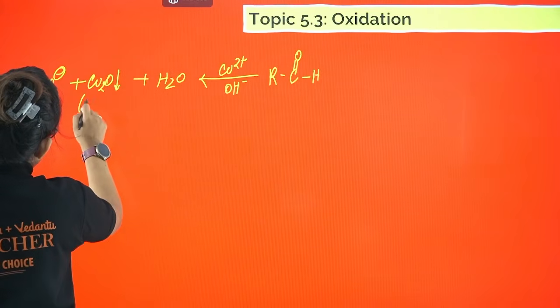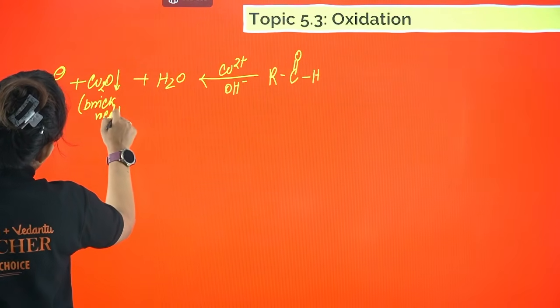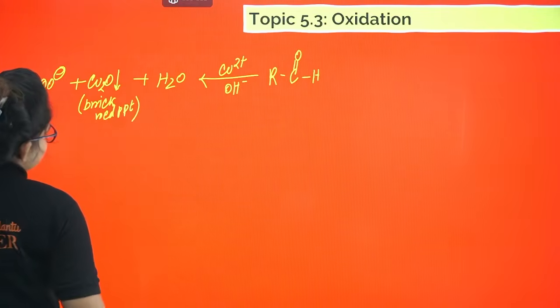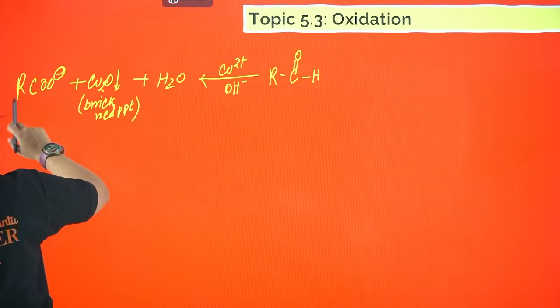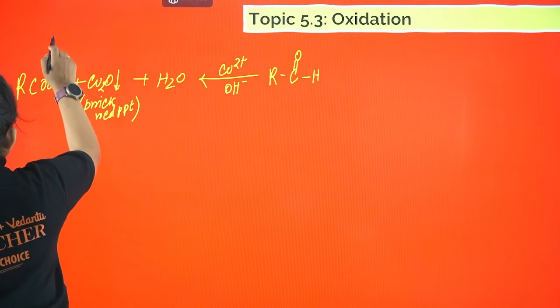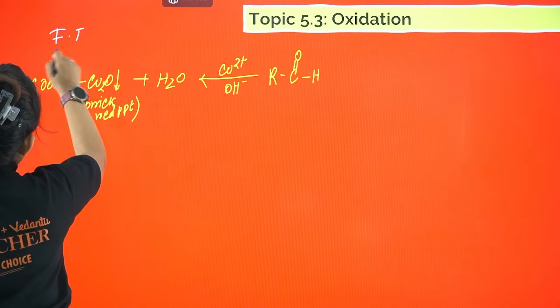Here you will get brick red precipitate. Okay, so this test is basically Fehling's. Let me just write it down here. This is basically Fehling's. Let me write FT only.